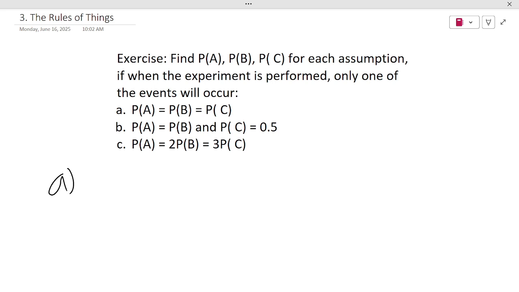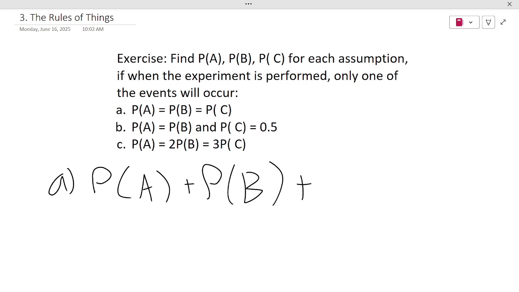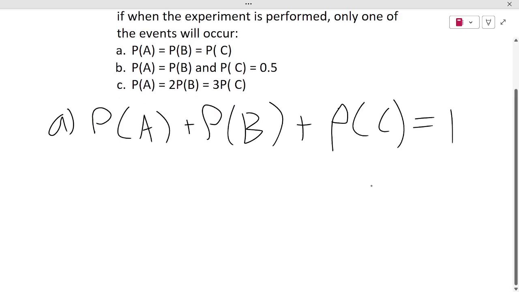A tells us that all three are equal. We know that all three events together make up the sample space, so when we add the three, and we're going to use this fact for all three parts, so rather than writing it down over and over again, I'll just stress the importance. The probability of A plus the probability of B plus the probability of C has to be equal to 1.